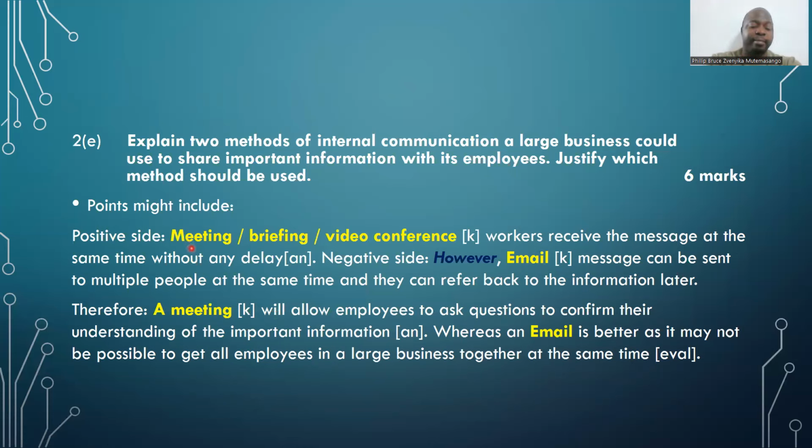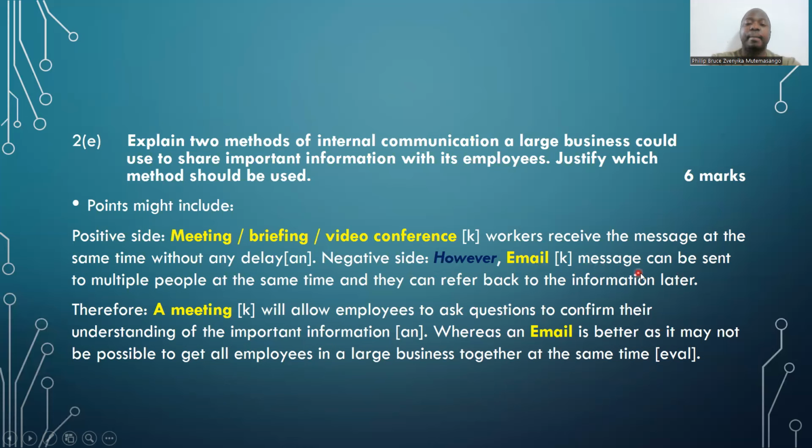So number 1, a meeting. A meeting allows workers to receive the message at the same time without any delay. That's how a meeting works. Then secondly, talk about the email.